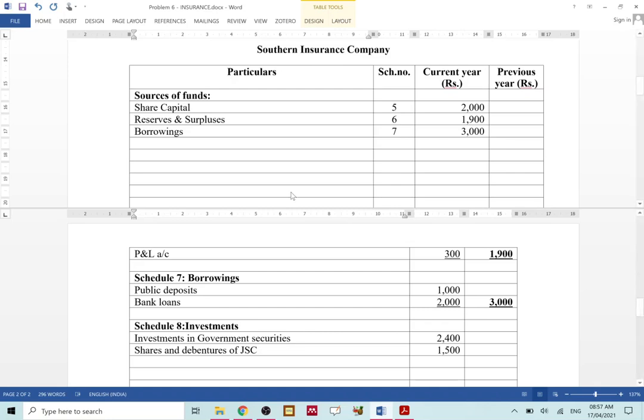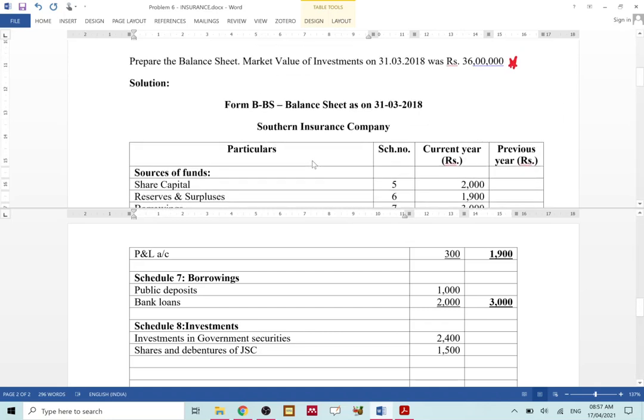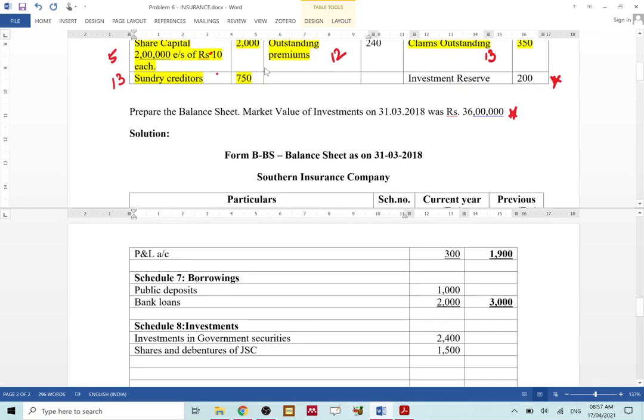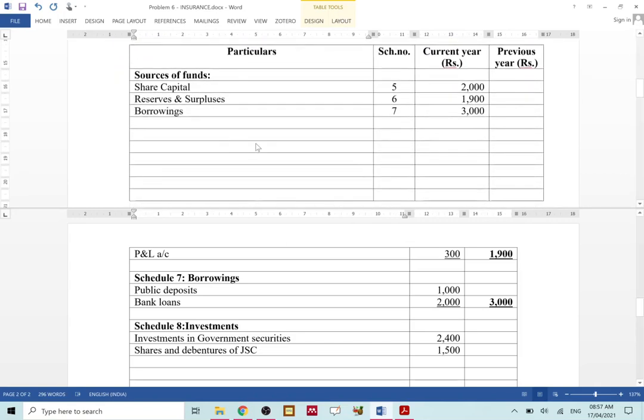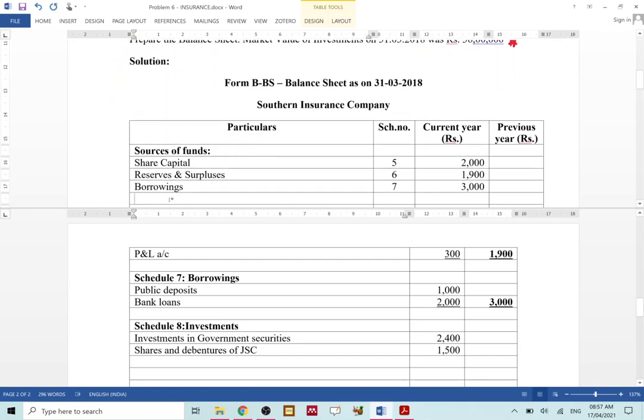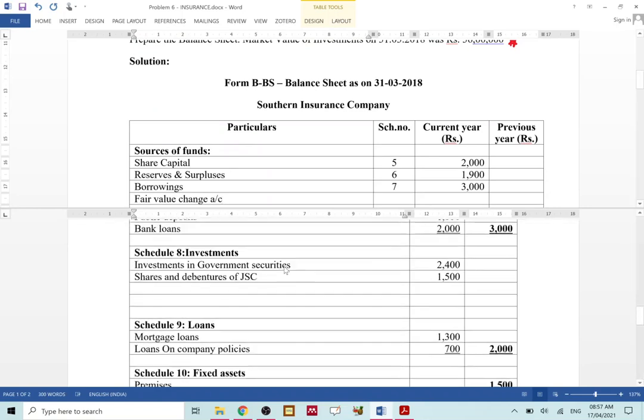Most of the time the market value becomes the fair value, but it is actually the amount of money that this other party is willing to pay you for your assets or your investment.